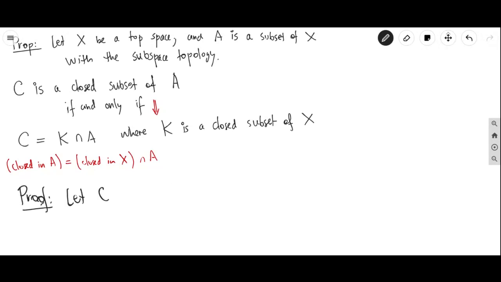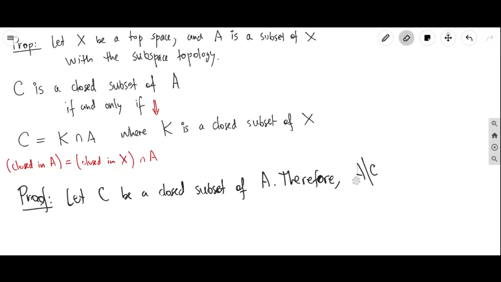Let C be a closed subset of A. Therefore, if you take the complement, A take away C, that's the complement. So A, and then you take away C, and whatever you're left with, that's the complement.